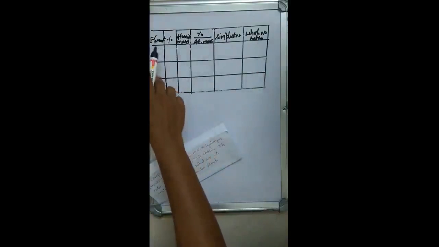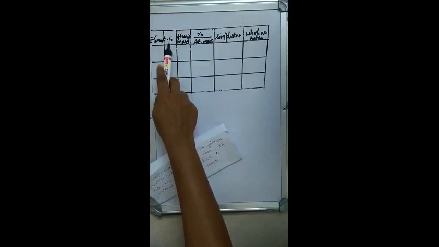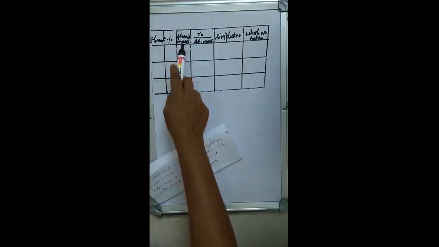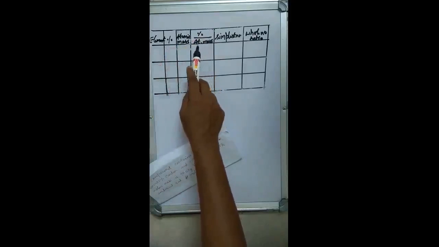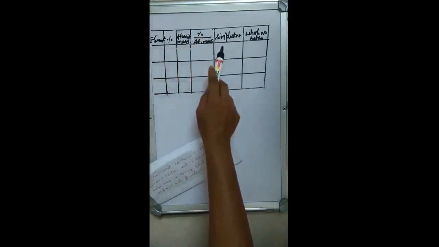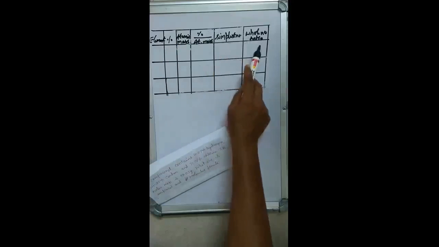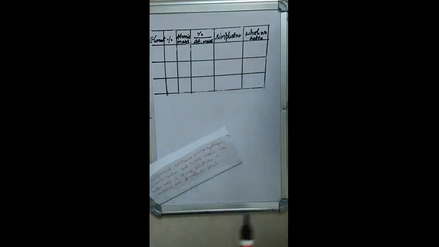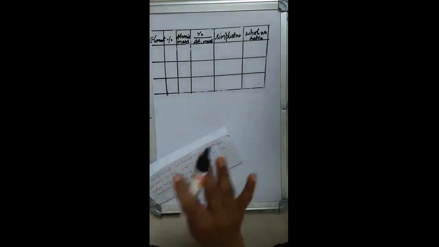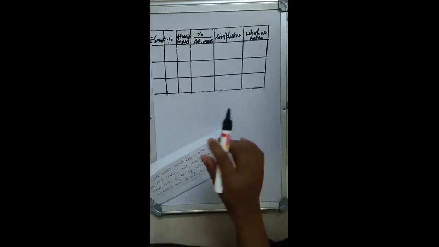In the first column write element, in the second column write percentage, third column atomic mass, fourth column percentage divided by atomic mass, fifth simplest number, and sixth whole number ratio. I hope you understood how to draw the columns and arrange all these things.